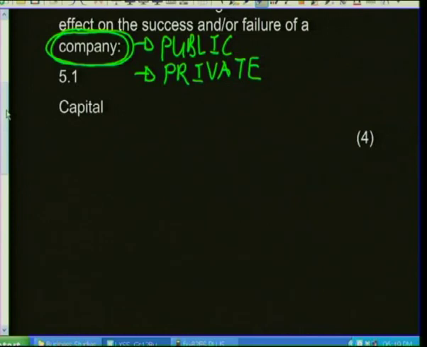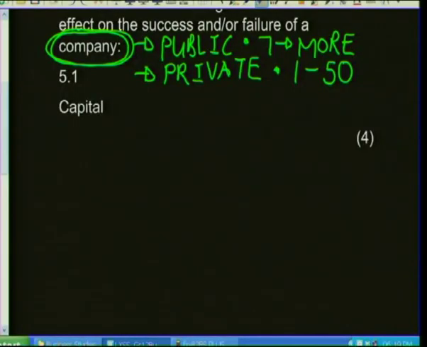How many people can be in a public company? It is 7 or more. And then how many people can be in a private company is minimum 1 to maximum 50. So that is a way lot more than you can have as a sole trader or a partnership.